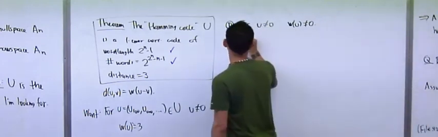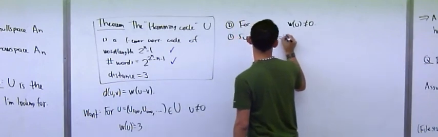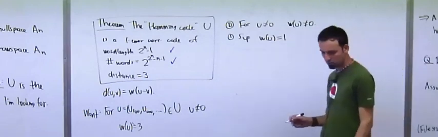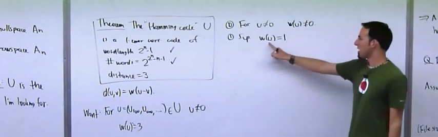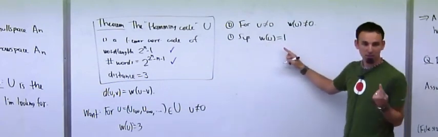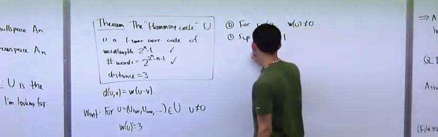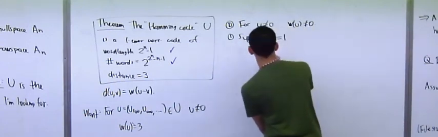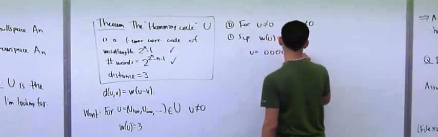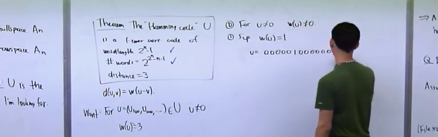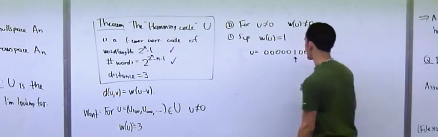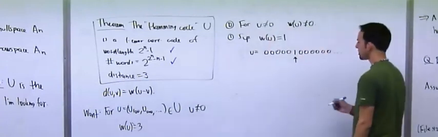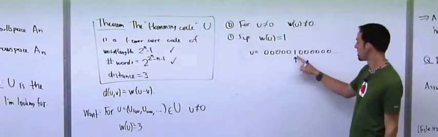Okay. Now let's suppose that the weight of a word is 1. So if the weight of a word is 1, that means that the word has exactly 1 non-zero coordinate. So U is 0, 0, 0, 0, 0, 1, 0, 0, 0, 0, 0. Okay. For some coordinate. And let me keep these lengths.